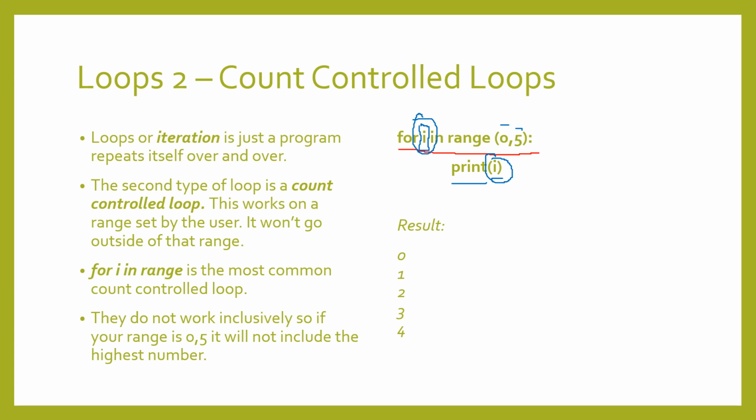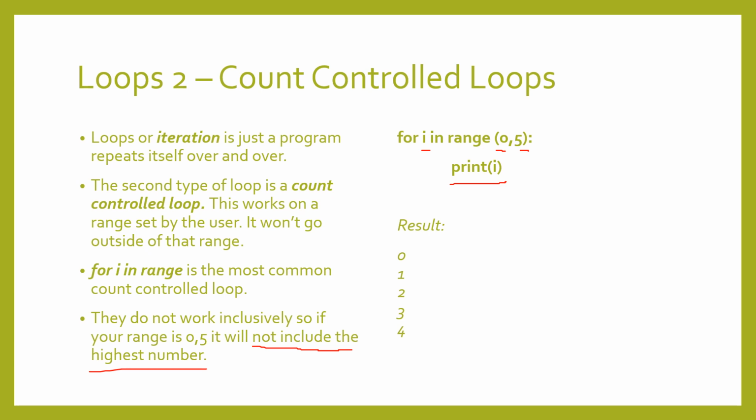All right. So what we're saying is, for every single number, that's what the i is, remember, between 0 and 5, print the number. Now, this is important, it is not inclusive, which means it won't include the highest number in your range. So it says between 0 and 5.